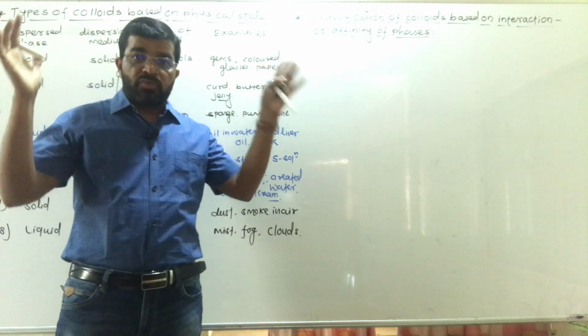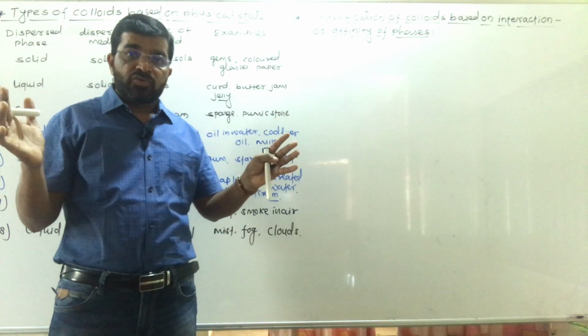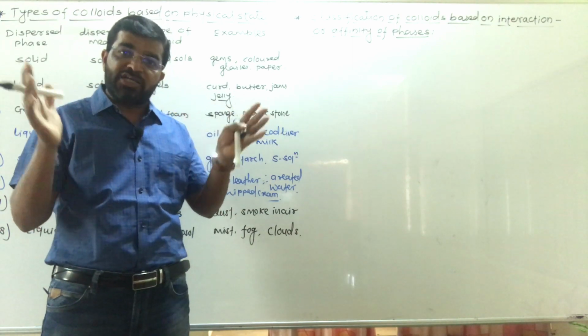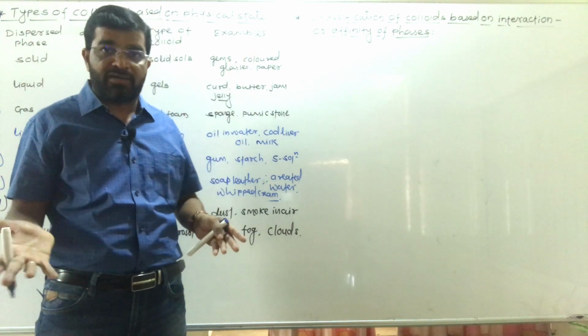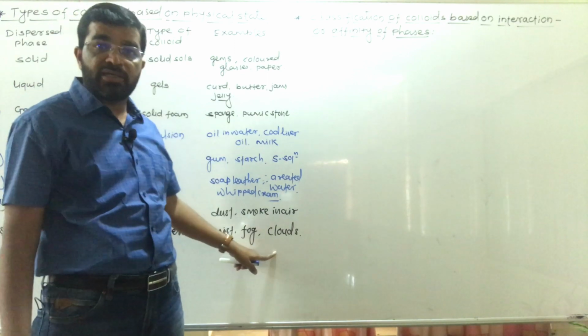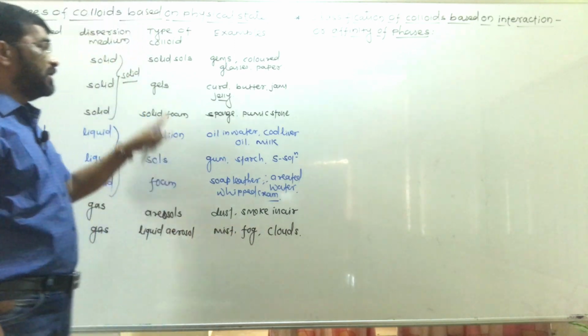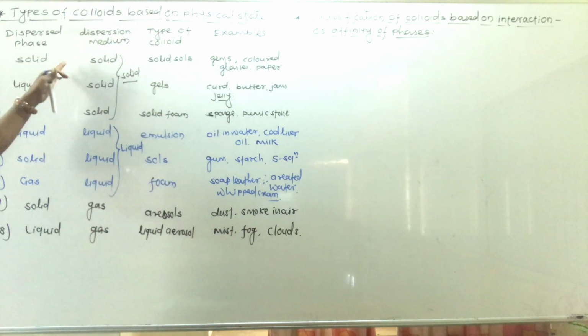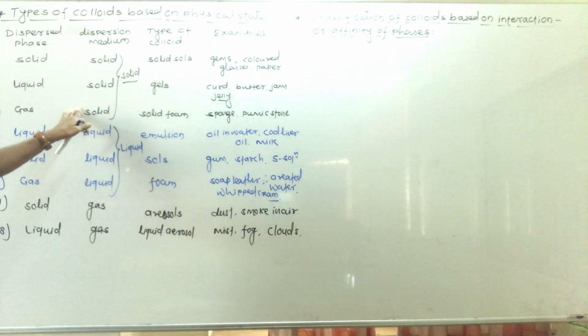Clouds, बादल, so there liquid water is present in air. So that is liquid in air. These are the different examples of the various types of colloidal solutions.